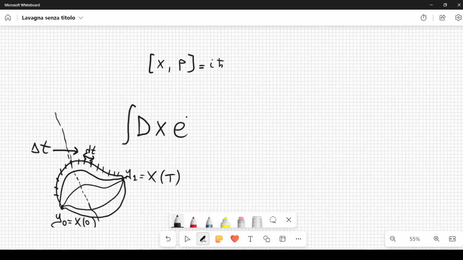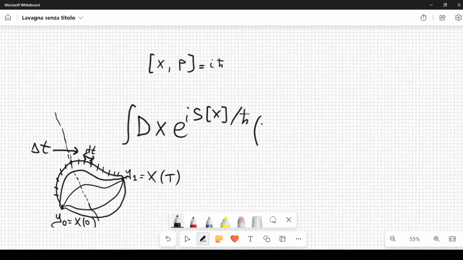Then we have e to the i S of x, so the action will be a function of x, which is itself a function, remember that, divided by h bar, and in principle we have other functions inside the path integral.